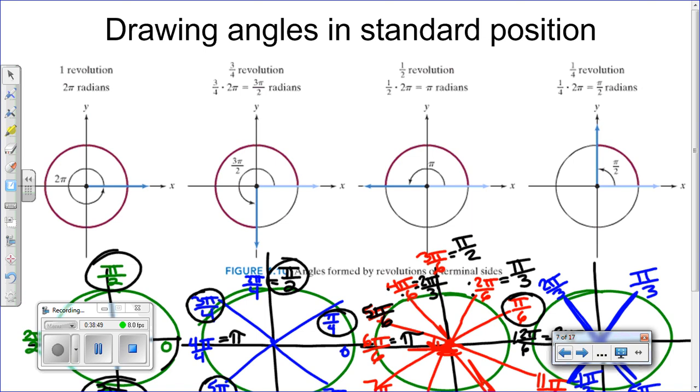So the way to convert from revolution to radians, oh, this looks very ugly. So from revolution to radians, you multiply by 2 pi.